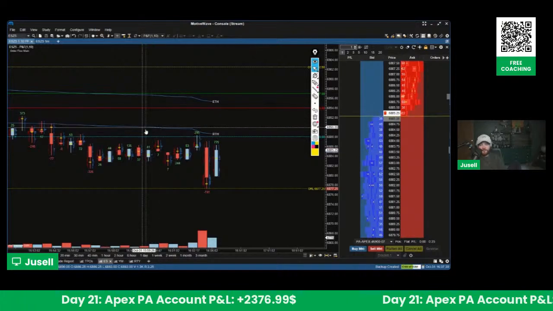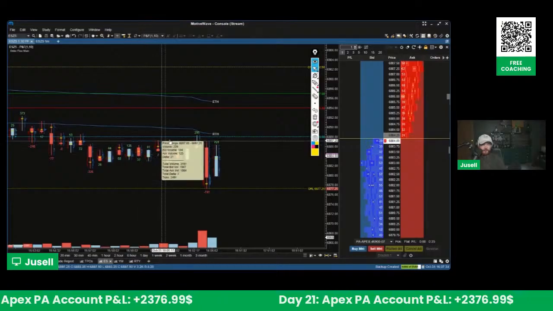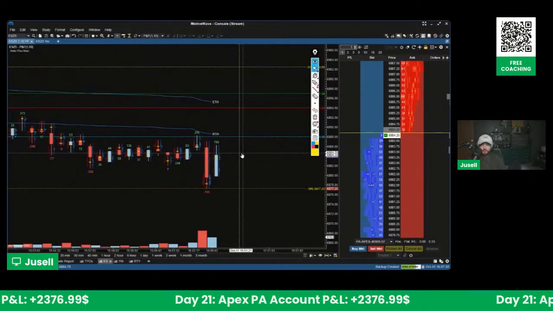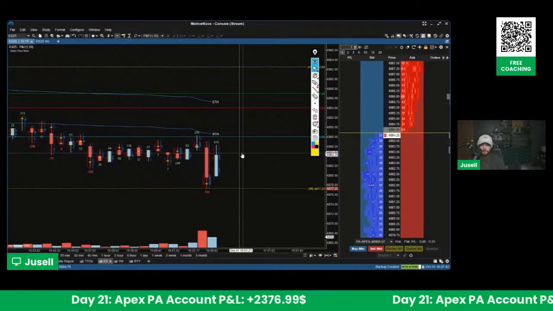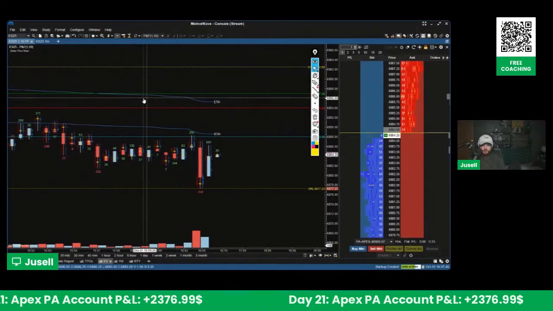We also just barely hit the point of control on the volume profile. So there we go.